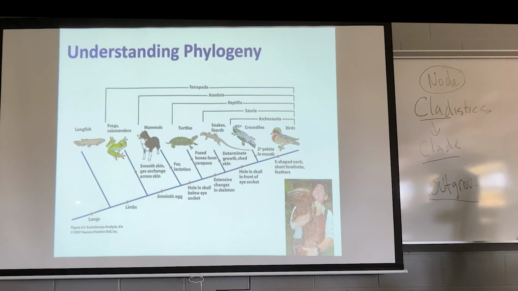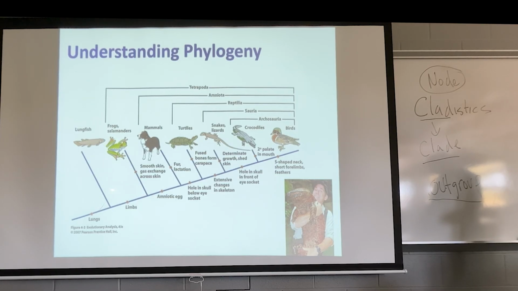But you can notice that once we get past the lungs, we need to now separate the lungfish from the rest of tetrapods. Well, tetrapod means 4-limbed, so we just use limbs. See that? Our first synapomorphy here that separates our basal group from the rest of tetrapods is limbs.